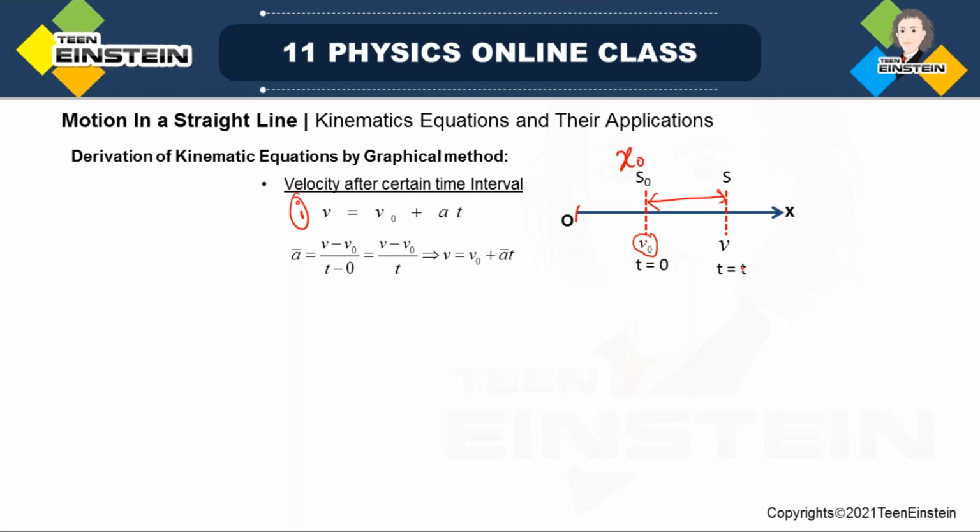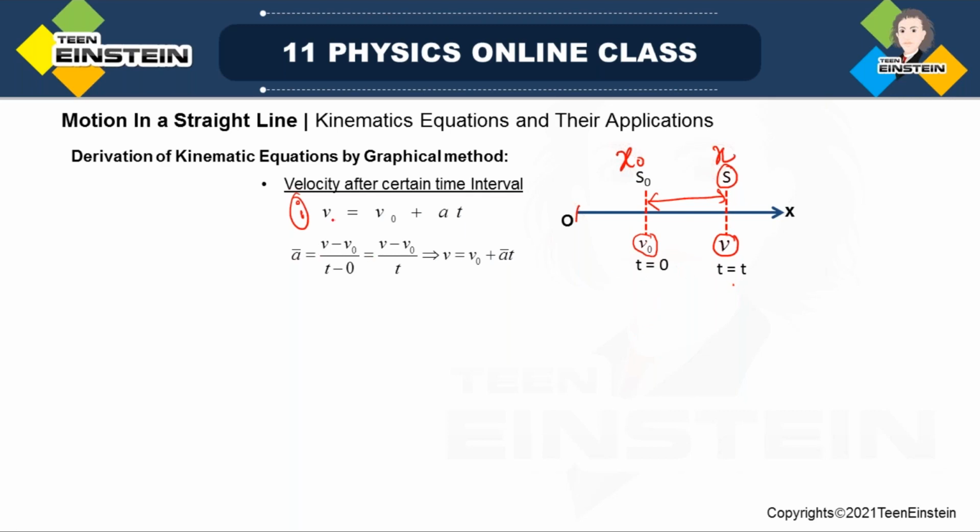And after time interval t, after t seconds, the object gains a velocity v. This is the final velocity which is attained after time t. And by that time, the object has attained the displacement s, which you can write as x also.